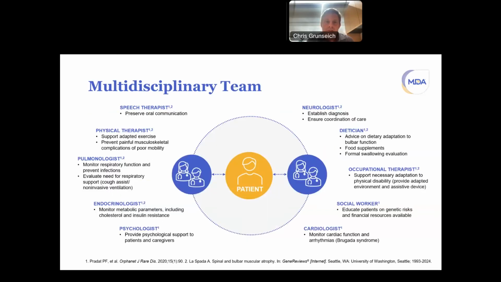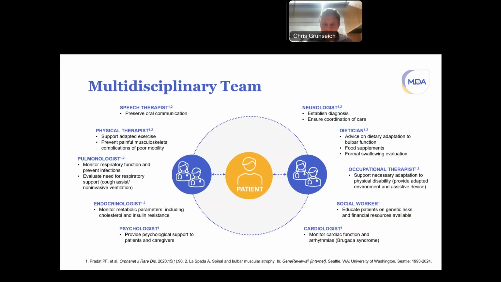The care of a patient with SBMA definitely benefits from a multidisciplinary approach. It's important for a neurologist to be involved, of course, in establishing the diagnosis and in coordinating the care from all of the specialists who should be involved. So I'll just start at the 2 o'clock position here with the neurologist and go counterclockwise.